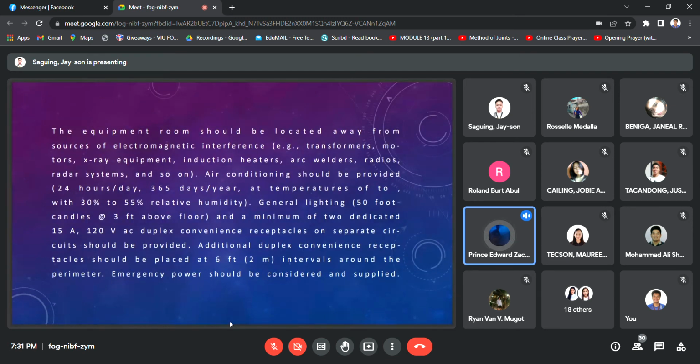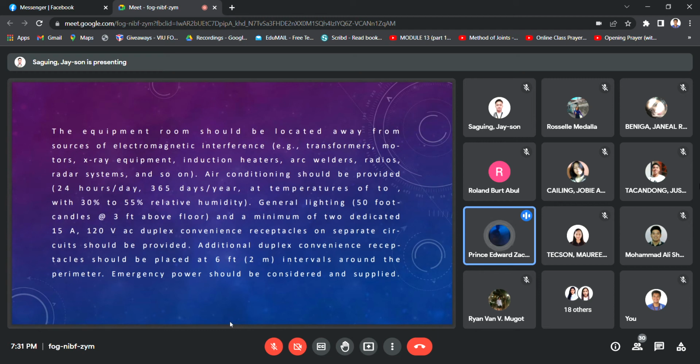The equipment room should be located away from sources of electromagnetic interference, such as transformers, motors, X-ray equipment, induction heaters, arc welders, radios, radar systems, and so on. Air conditioning should be provided 24 hours a day, 365 days a year, at a temperature of 18 to 24 degrees Celsius and 30% to 55% relative humidity.